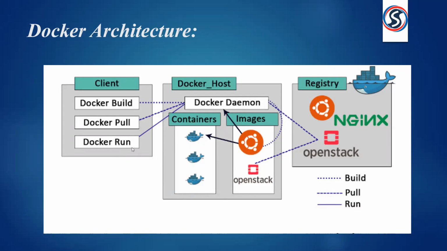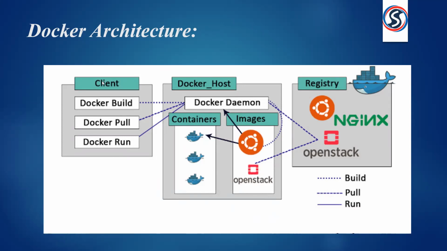It will manage Docker objects such as images, containers, networks, and volumes. Okay, so basically the Docker daemon is the Docker host. It is the main part of the whole system. And a daemon can also communicate with other daemons to manage Docker services.